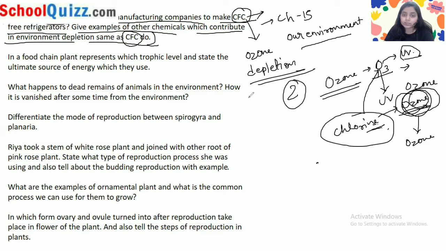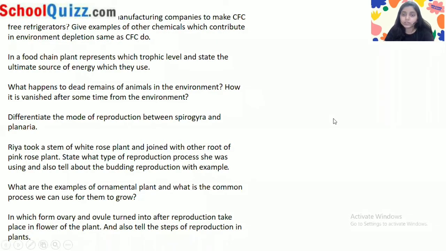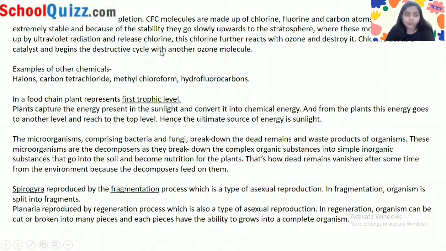So let us see the answer, and how we can write it. Here is the answer. Firstly, you have to tell that CFC is responsible for ozone depletion, so you have to tell what exactly CFC does.